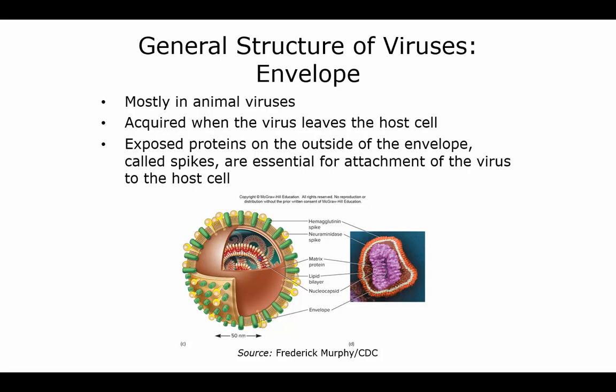Now, the envelope, you find this mostly in your animal viruses. And when the virus leaves the host cell, that's when they get this envelope. And these proteins are exposed on the outside of that envelope, and they look like little spikes there, and that helps them attach to their host cell so that they can invade their own cell.